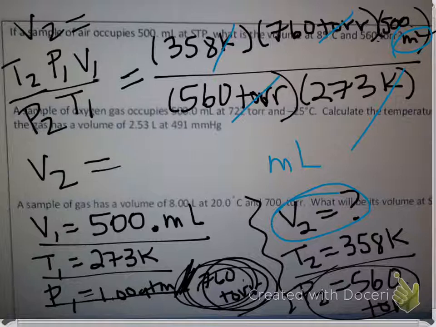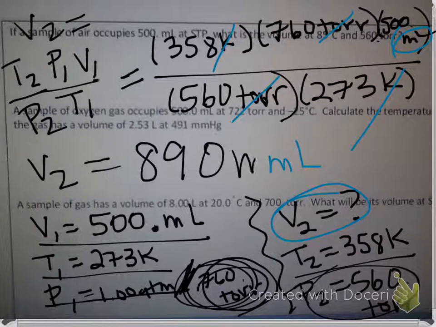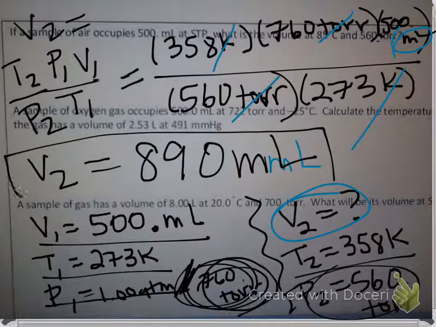I've got 760 times 500 times 358 divided by 560 times 273. Make sure you grab your calculator that can do this. Looking at the significant figures, I got 890 milliliters. And that was just a matter of doing the math.